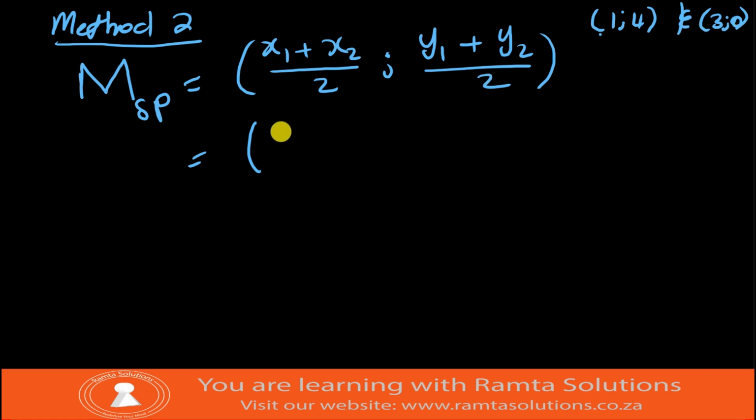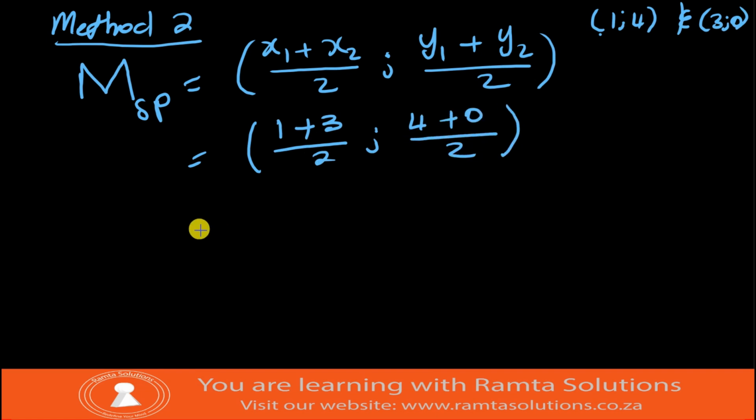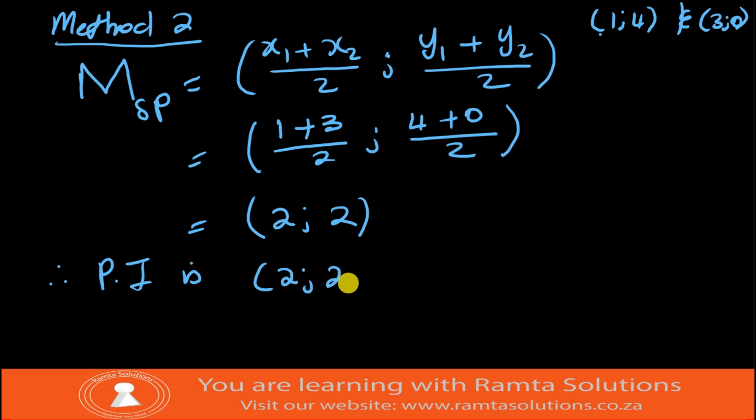Its x value will be 1 plus 3 all over 2, and its y value will be 4 plus 0 all over 2. What is this? 4 over 2 is 2. So the point of inflection is 2 and 2.